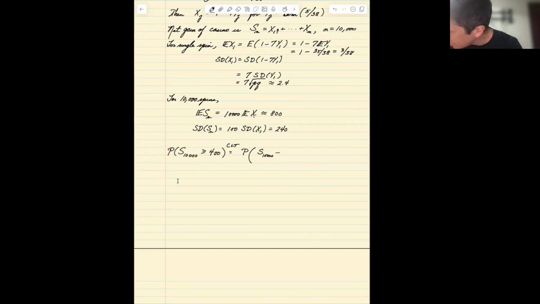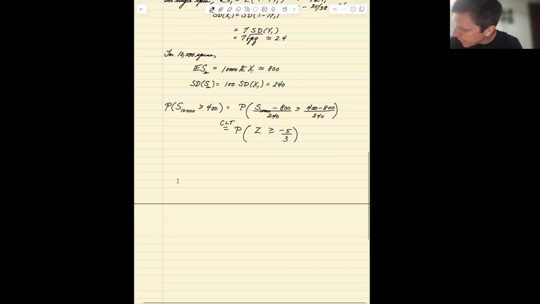We have to subtract off the mean and divide by the standard deviation. And so this is equal to the probability, by the central limit theorem, approximated by a standard normal being bigger than minus 400 over 240, right? Minus 5/3.